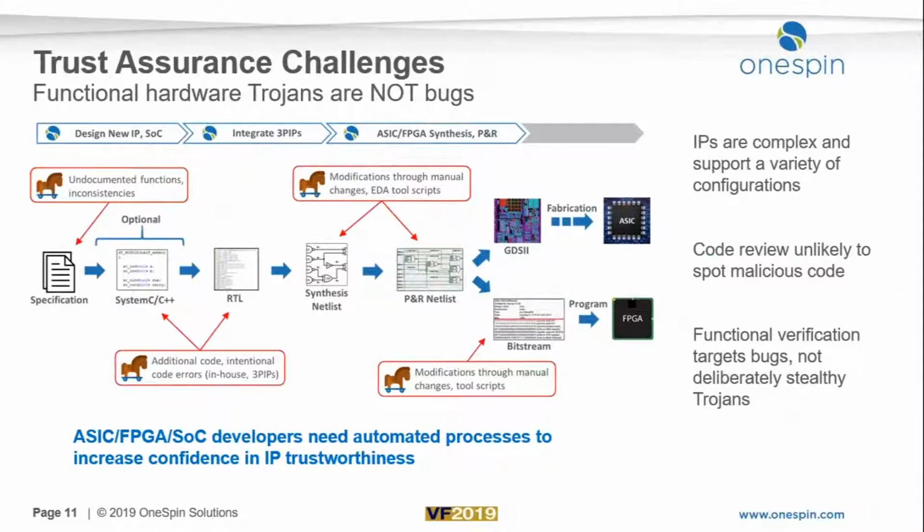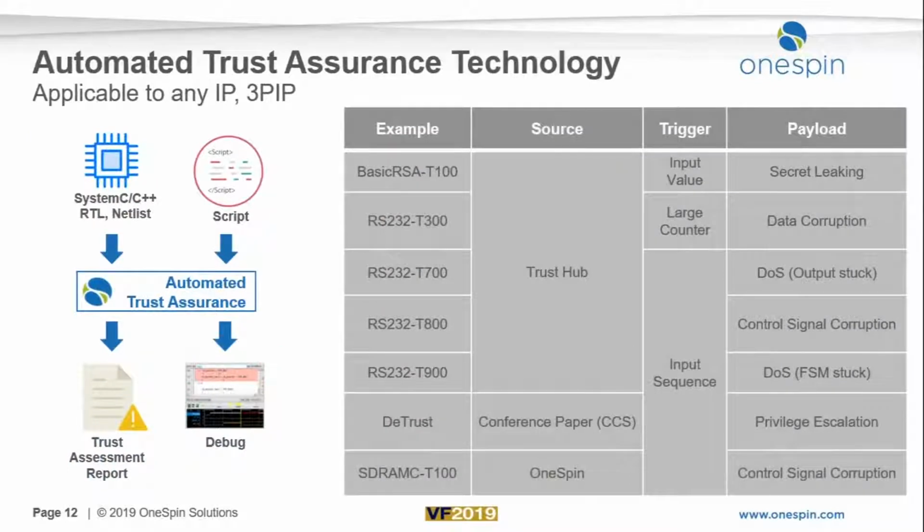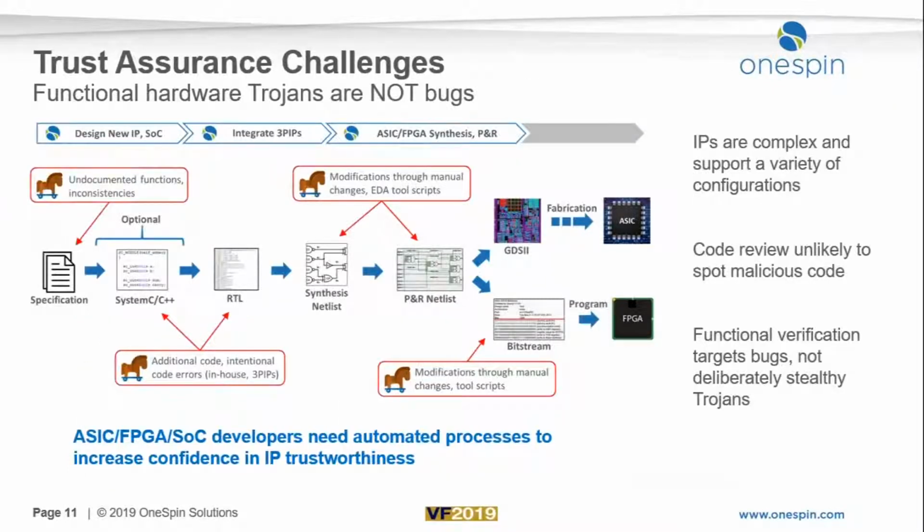And again, Trojans are not functional bugs. They are deliberately inserted stealth mode functions. If you look at functional verification, you're going to miss bugs in the things you look for, some crazy corner case. Never mind the things you don't look for. So for example, you could do some code review.